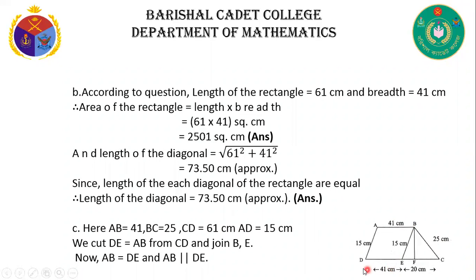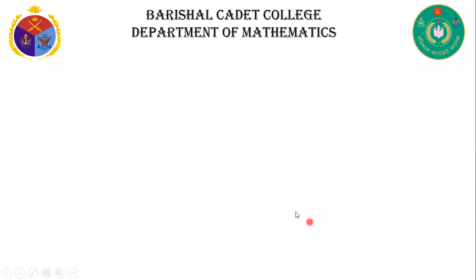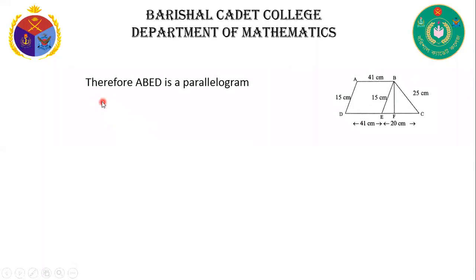Now AB is equal to DE and AB and DE are parallel. Therefore ABED is a parallelogram, and BE is equal to AD is equal to 15.